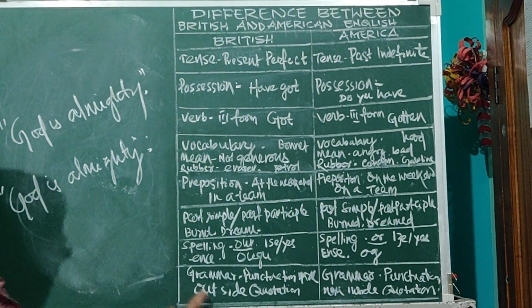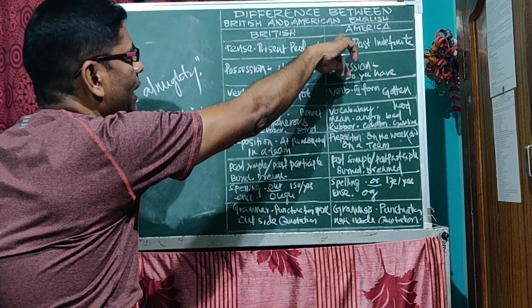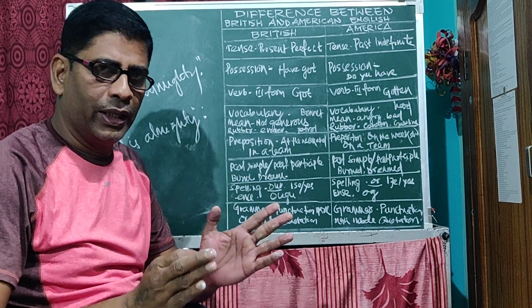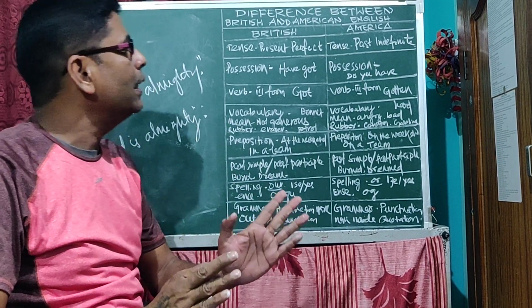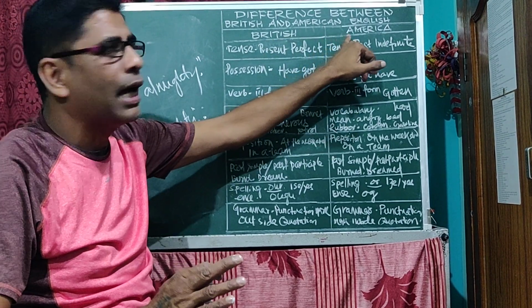So this is the difference of grammar between British English and American English. Though we are following British English, there are still some differences between British English and American English.